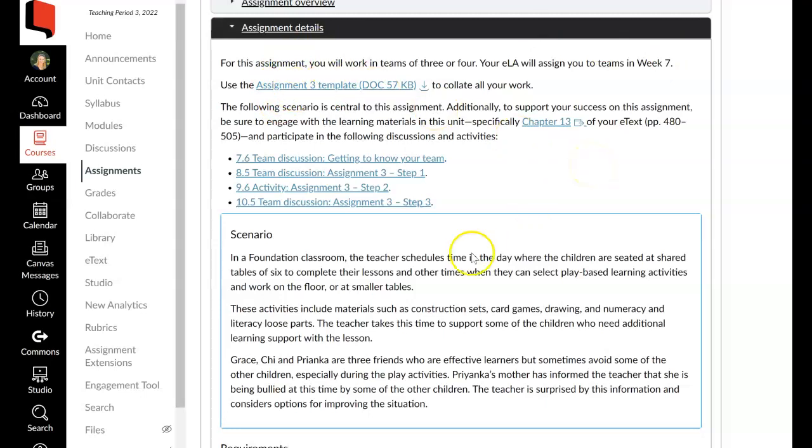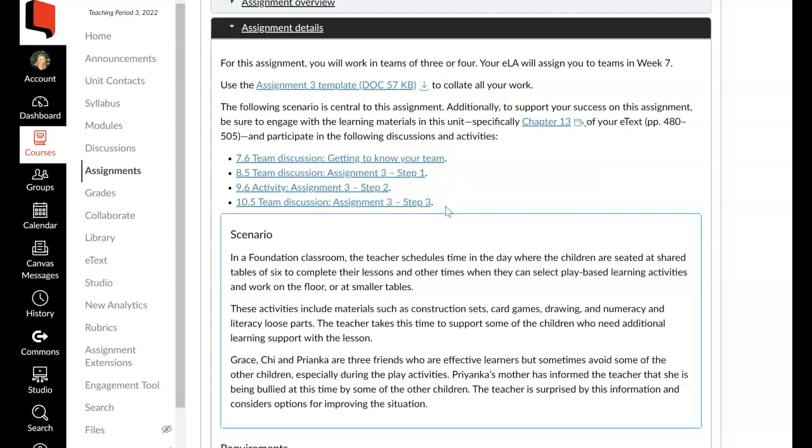What you're going to do is analyse this scenario with your teammates. But what makes it even better is we are actually going to work through each step of the assignment as a learning group.